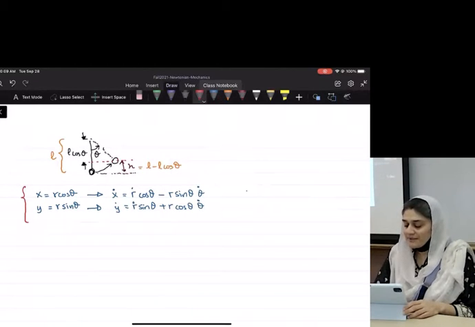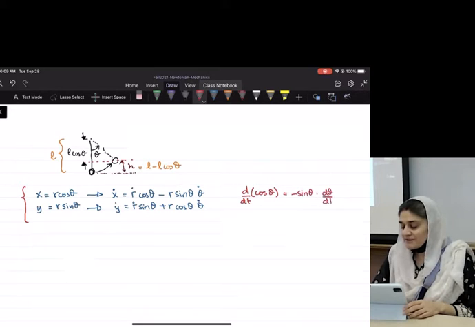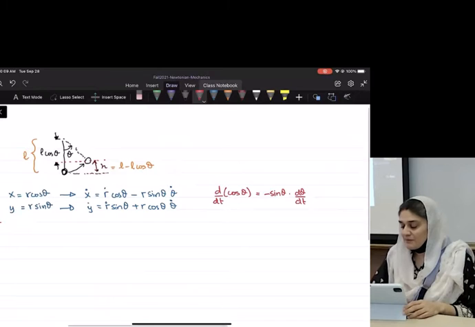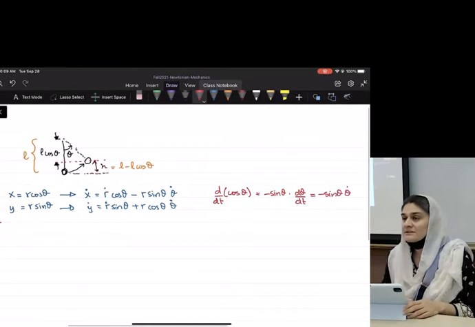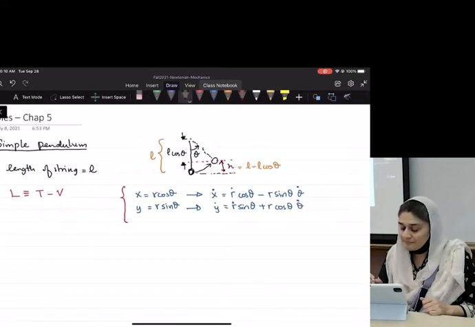So here's why this happens. d over dt of cosine theta is minus sine theta d theta over dt, which can be rewritten as minus sine theta theta dot.